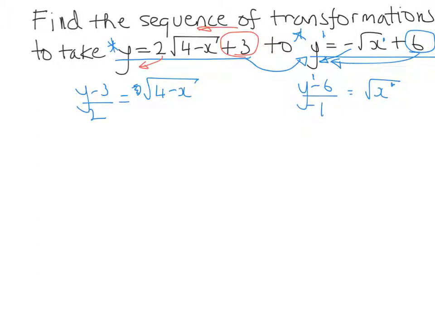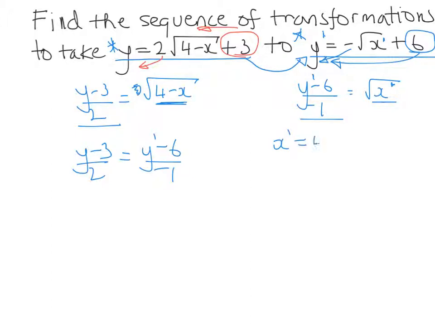Now let's see, if we made this and this equal to one another, y minus 3 over 2, we could start to work out what's happening here with regard to the transformations. And also if we made this bit equal to this one here, we could say the new graph is equal to 4 minus x. Now I'll start to do a few transformations here.